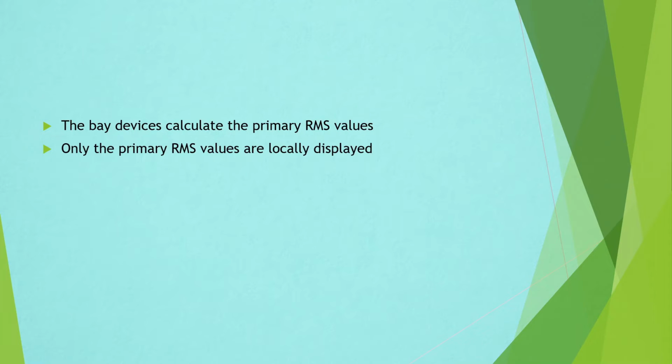Only the primary RMS values are locally displayed and transferred to the substation level. The exception is fault record representation, the graphics of instantaneous values before, during and after a fault, which can be displayed at the substation screen.